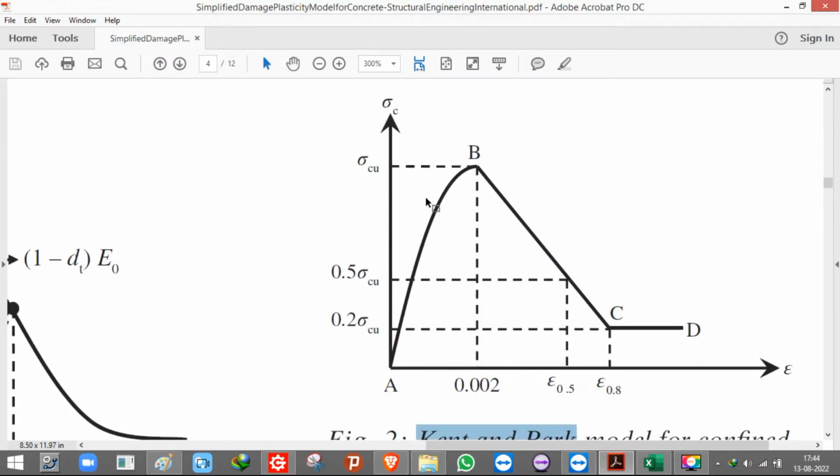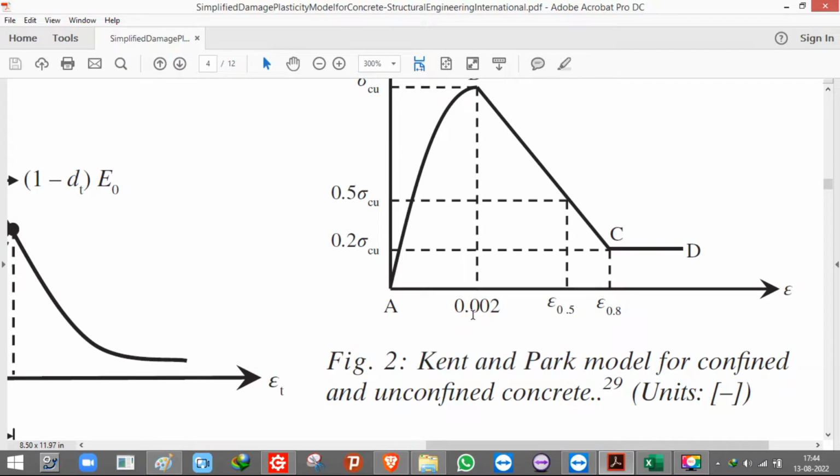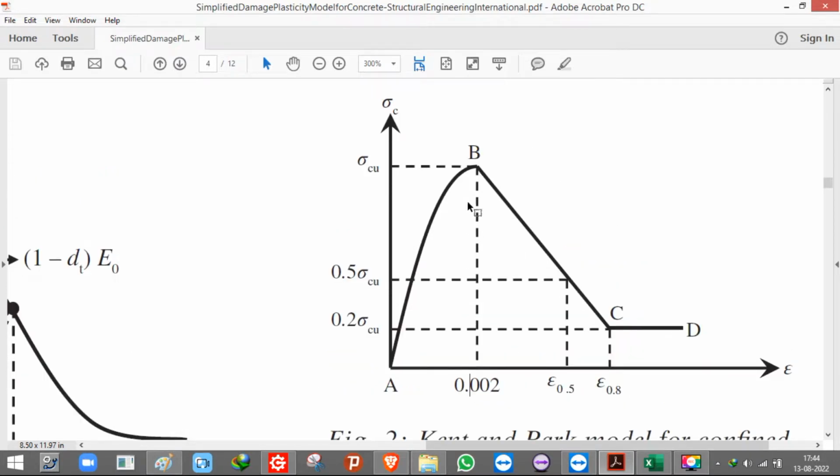Now you see, the Kent-Park model says that the ultimate stress occurs at a strain of 0.002. Sigma cu is the ultimate stress. Let's say you are going for M30 or B30 or whatever code you are using. In IS code we usually go for M30, M20.